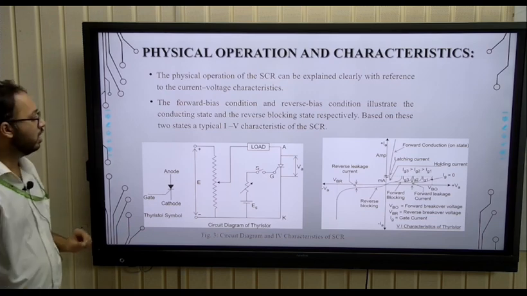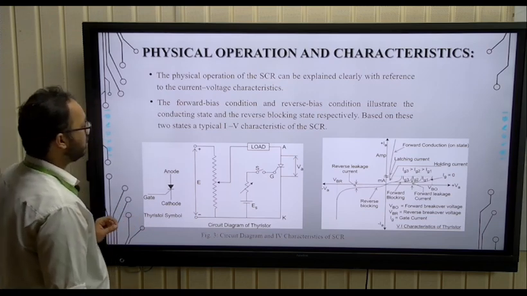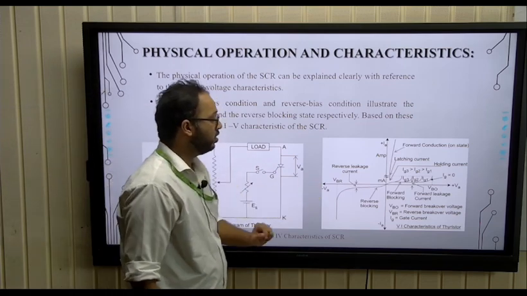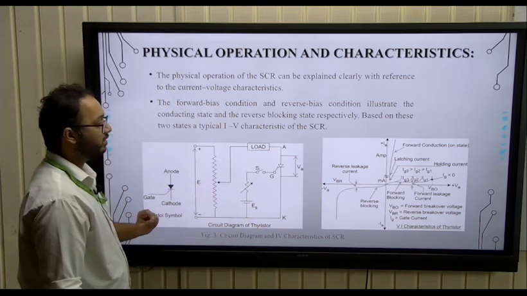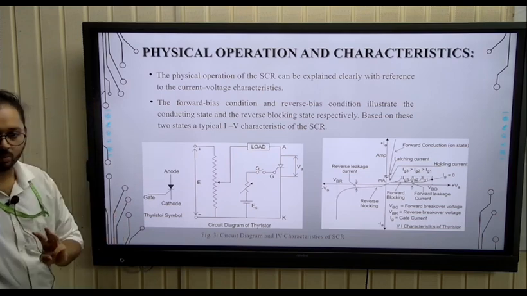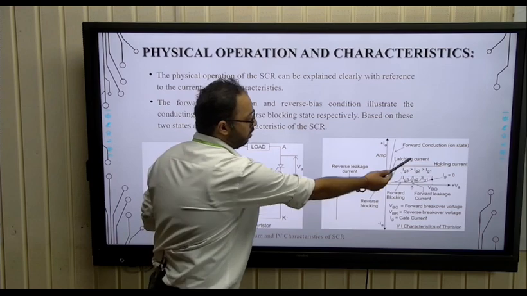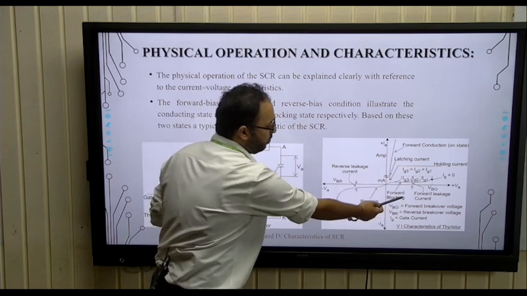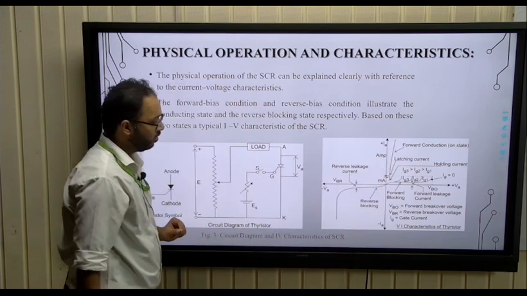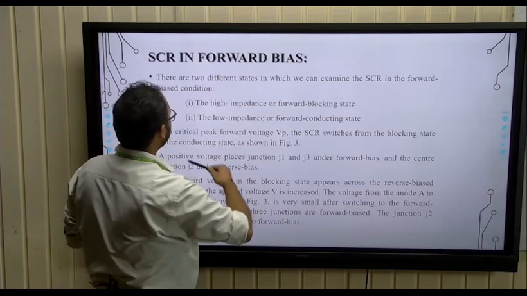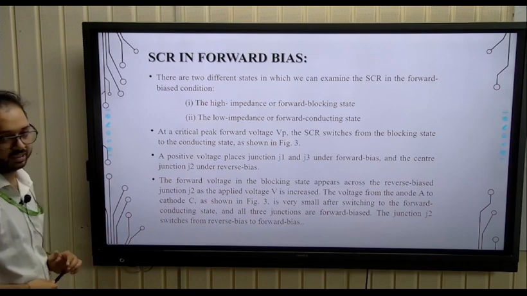Now when we are talking about its characteristics, or drawing its IV characteristics, we need to understand that there are 3 types of conducting modes of SCR, namely reverse blocking mode, forward conduction mode, and forward blocking mode. After this, let's talk about forward bias.